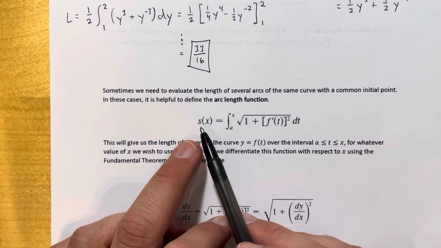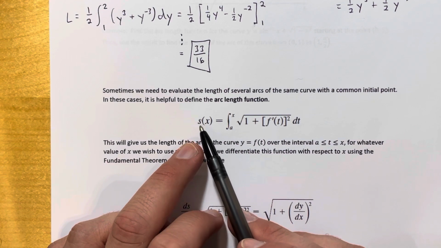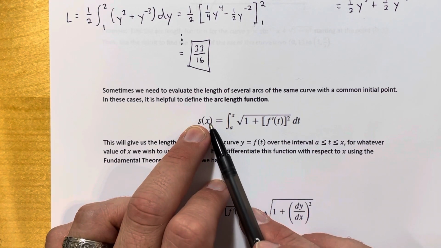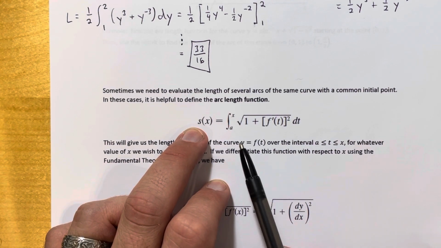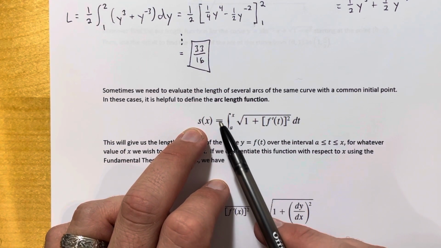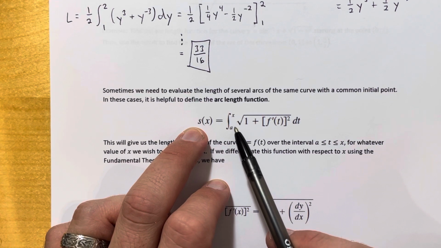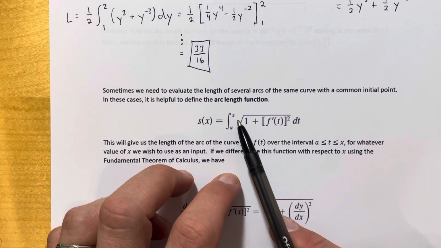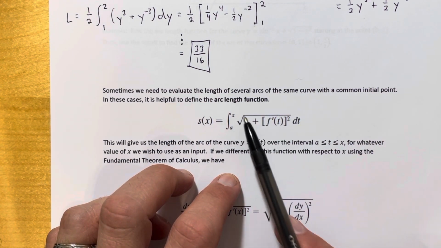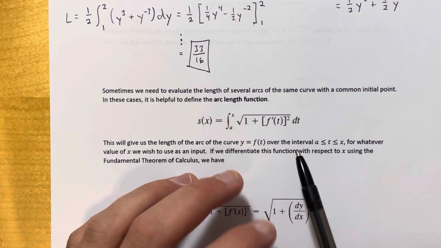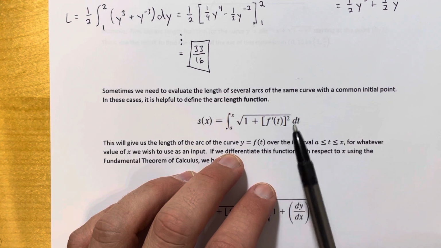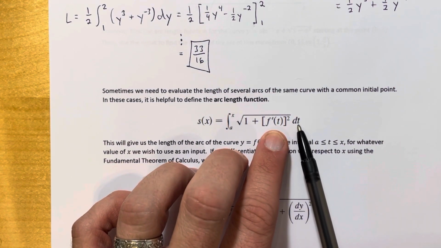S is the symbol that we use for arc length. So s of x, notice it's a function of this x right here. It's a function of that upper limit of integration. So we're going to change this from a to b to being a to x. And then I still have the same radical in my integrand here because it's still the arc length that we're talking about. But all of the x's that used to be there, I have to change to t's.